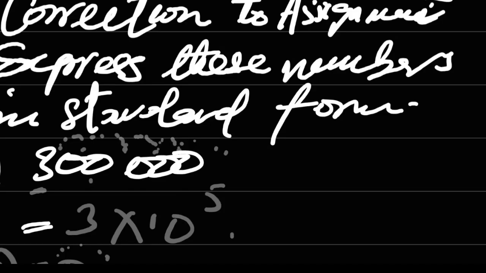We're expressing 300,000 in standard form. It's all about moving the decimal till the decimal gets close to the first significant figure. This is the first significant figure. And we'll say if the decimal is not written, the decimal is at the extreme end. So if it's at the extreme end, it will move 1, 2, 3, 4, 5. So our answer will be 3 times 10 raised to the power of 5.